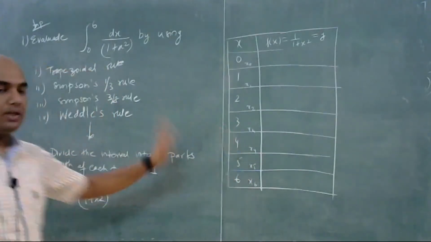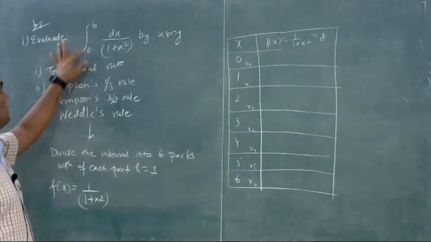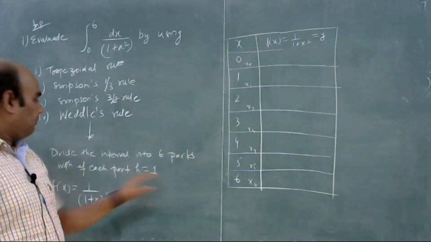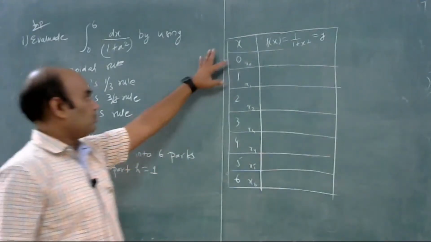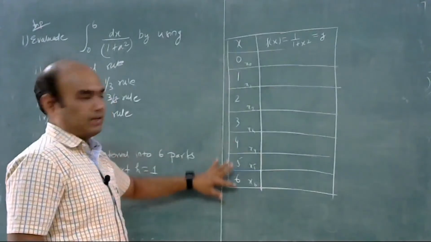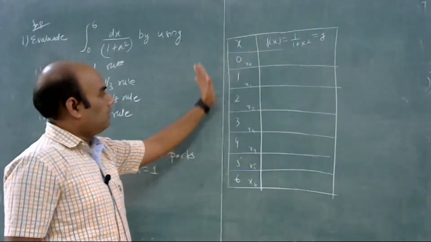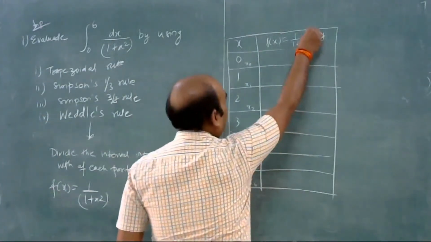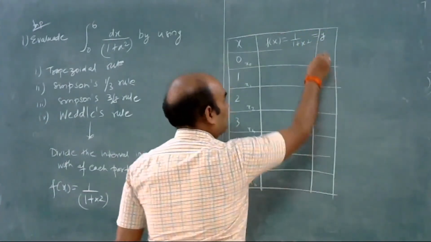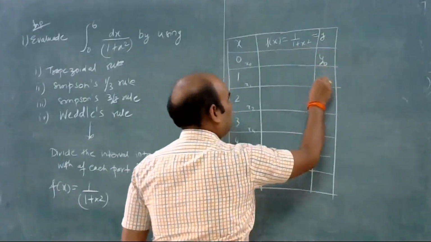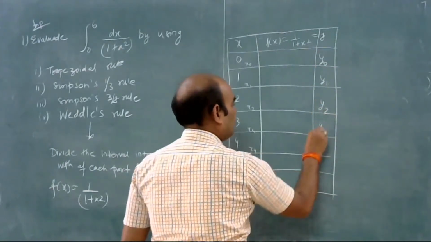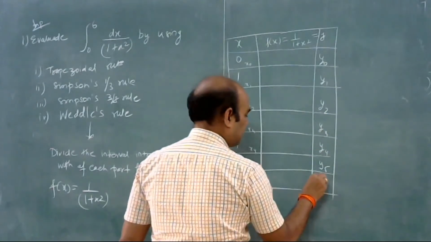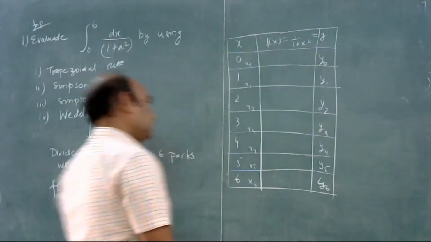So what we have done is divided the interval 0 to 6 into 6 parts, and the width of each part is 1. So x is 0, 1, 2, 3, 4, 5, and 6, and we will find the corresponding values of y. This is our aim.